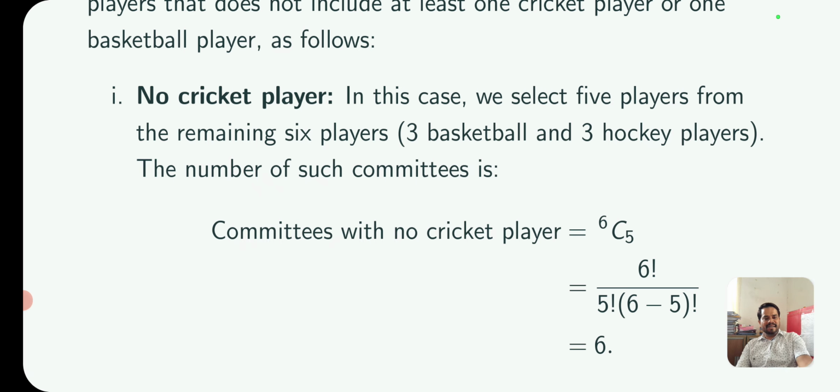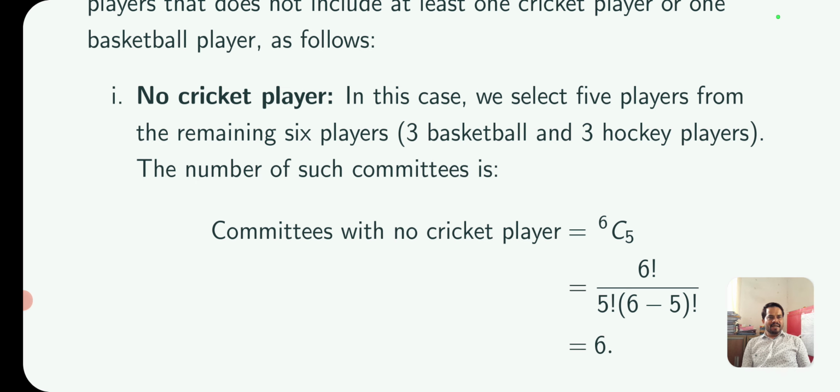Why from the remaining 6? Because the case is no cricket player, and there are 4 cricket players, so we remove them and find the committees with no cricket player, which is 6C5 ways, and it equals 6.